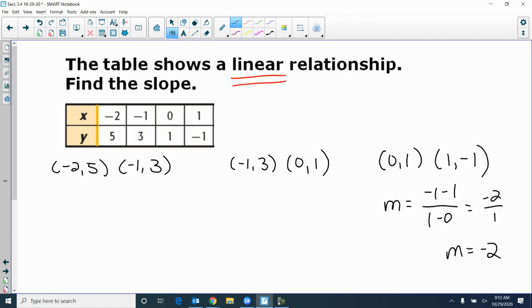Final answer is -2. So no matter which 2 points you picked, 3 minus 5 over -1 minus -2, you got to get -2.